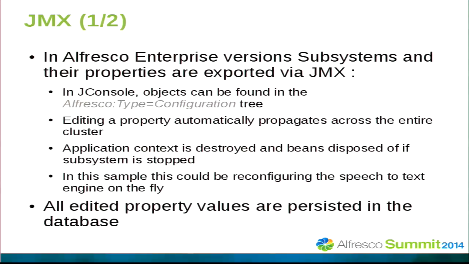In our case, it could be, for example, that you want to index a different type of content through a different set of config files that we mentioned earlier. Well, you could actually, through JMX, go there, and we didn't do it because I don't have the time, but you could go in there and change the configuration and index differently without having to restart the repository or making any other changes.